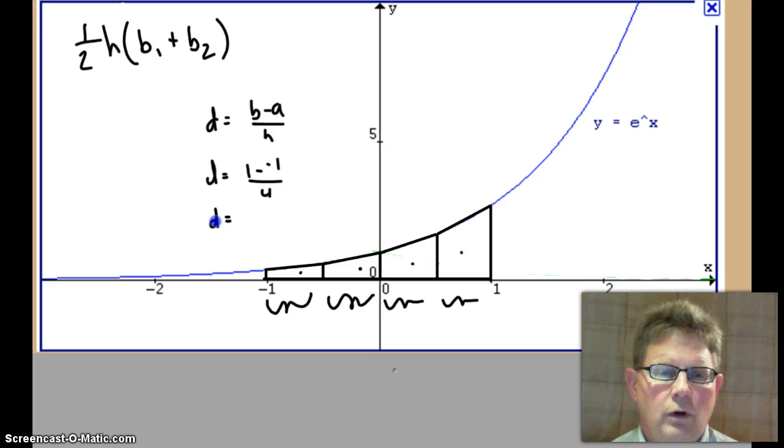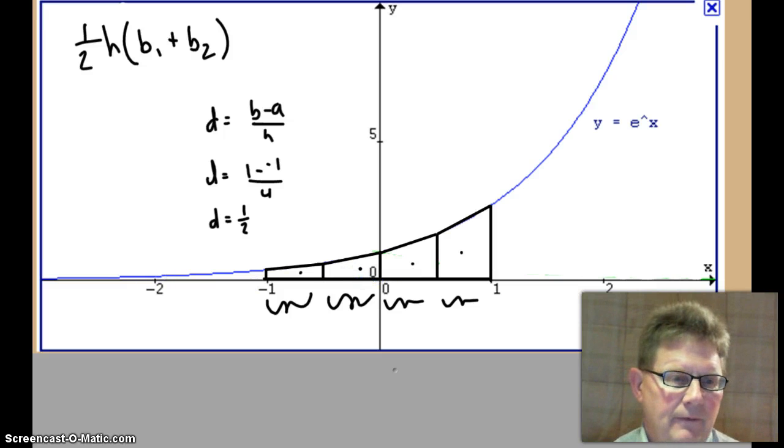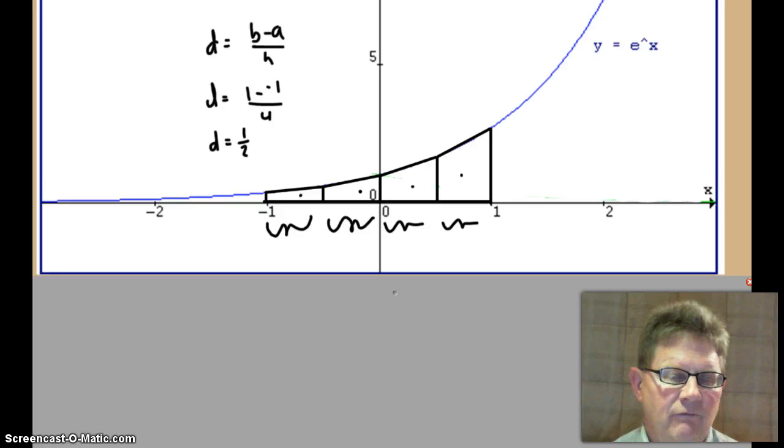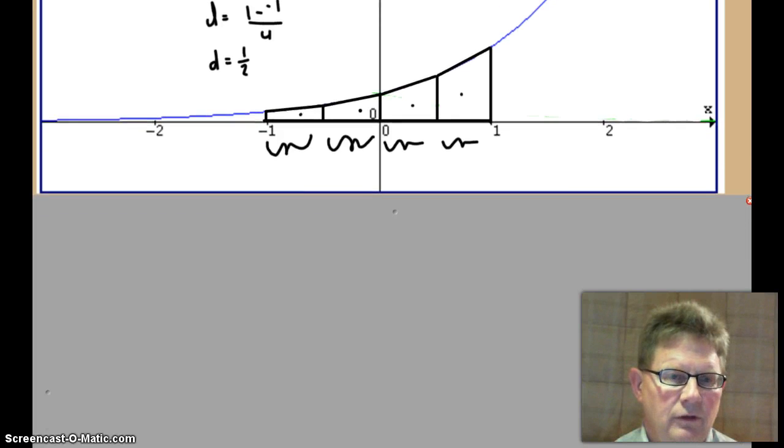So the D is 1/2. And that will be the height of each one of these trapezoids. All these trapezoids are laying down on their height. So we have 4 trapezoids.